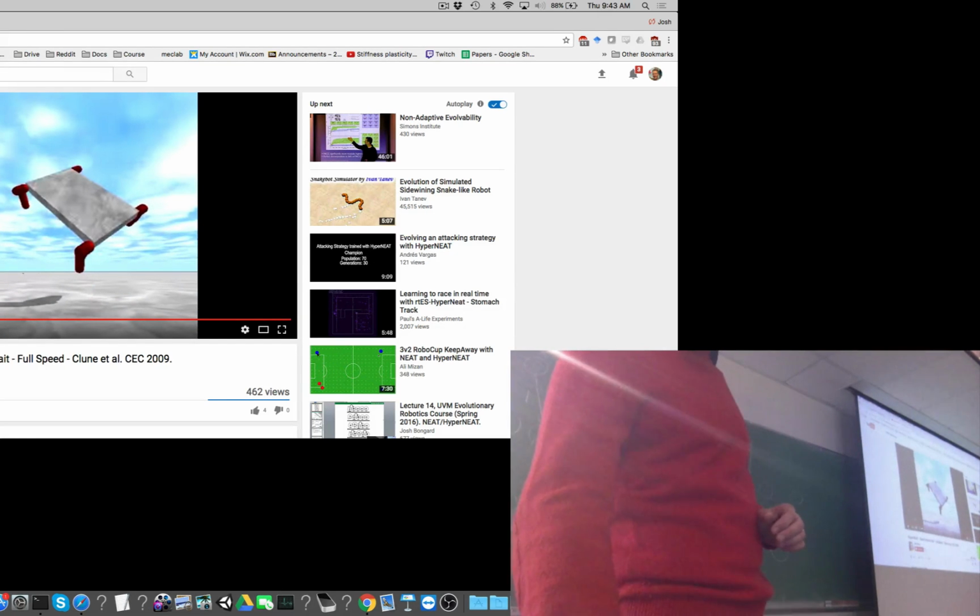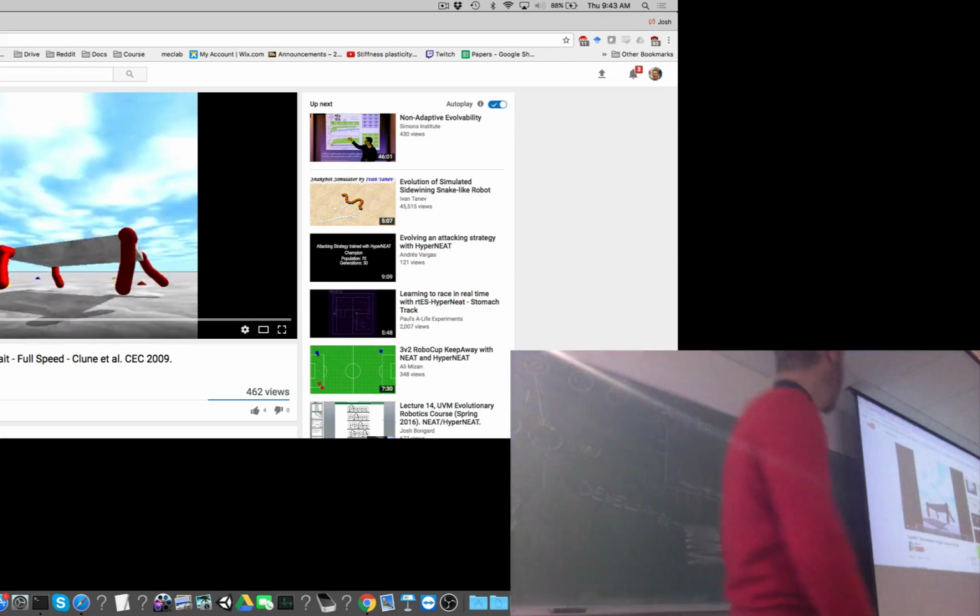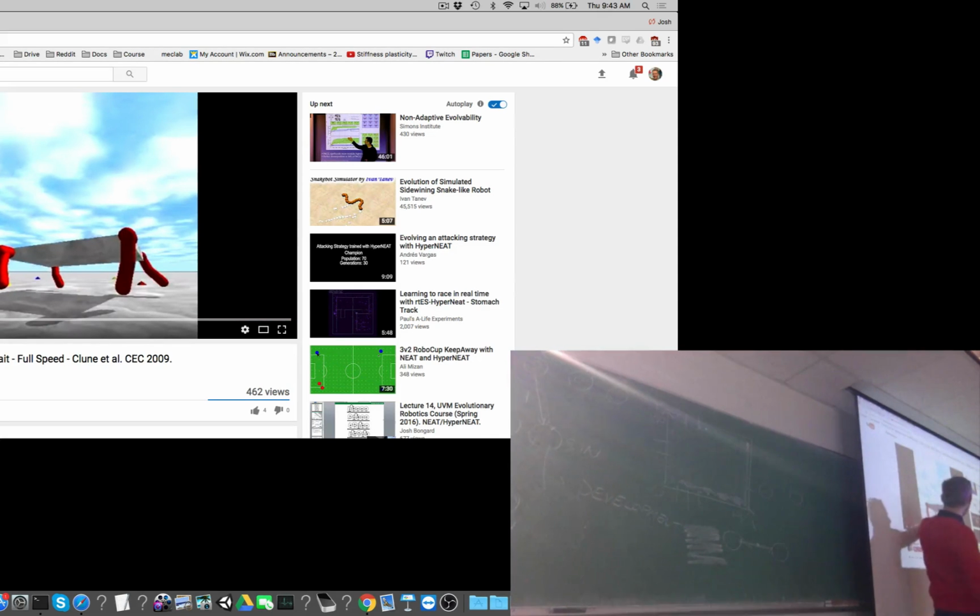So if you watch carefully, see if we can take a frame here. These 3 legs are moving almost identically, right? So however it's painting the weights are probably similarly projecting onto those 3 legs. There is probably a repeated pattern. Remember, this is what HyperNEAT is good at. There's probably a regular pattern of weights, or the same pattern of weights that are being projected onto the back right, back left, and front left leg.